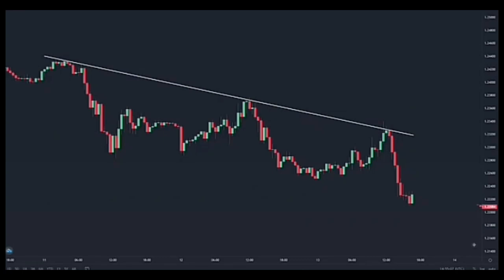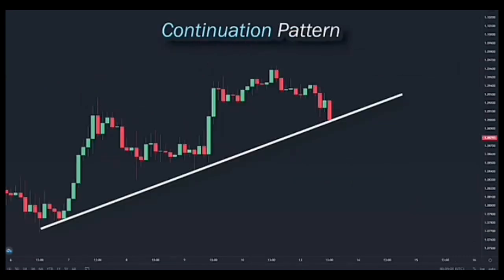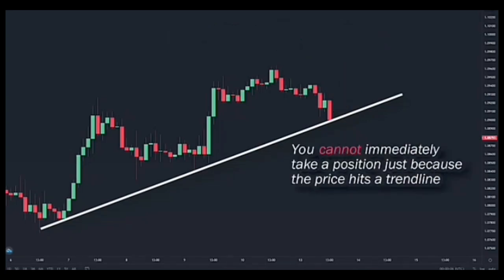So now that you know how to draw trend lines effectively, it's time to go in depth into how you can utilize these trend lines to find high probability trade setups. So first, let's start with the continuation pattern, which is a pattern that occurs when price bounces back to the direction of a trend right after hitting a trend line. Now remember, you cannot immediately take a position just because the price hits a trend line.